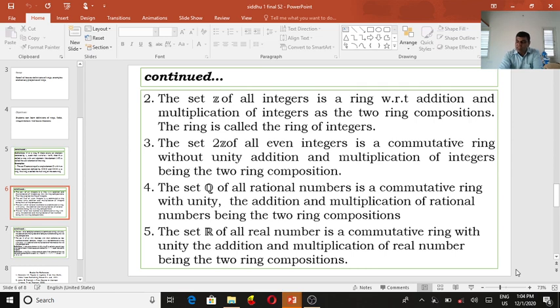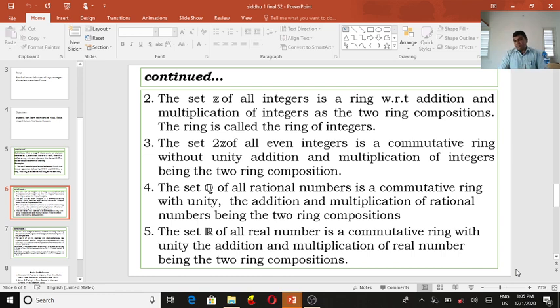See, addition exists, multiplication exists. The product of two rational numbers is a rational number, the sum of two rational numbers is a rational number. Is there unity? Yes: 1 by 2 divided by 1 by 2 is again a rational. We multiply 1 by 2 by its reciprocal 2 by 1, or 3 by 4 into 4 by 3, things cancel and we get unity.